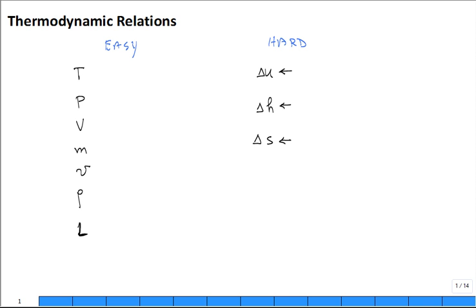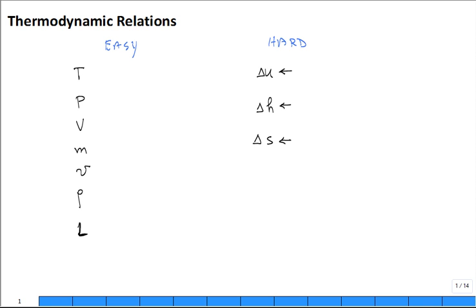But how do they get these properties and then put them in the tables of the textbooks we use? Well, a lot of work, but basically a lot of physical measurements that go back to something similar, and then they infer the properties. So they make measurements of temperature, pressure, and volume, and then they infer what was the change in internal energy, change in enthalpy, and change in entropy.